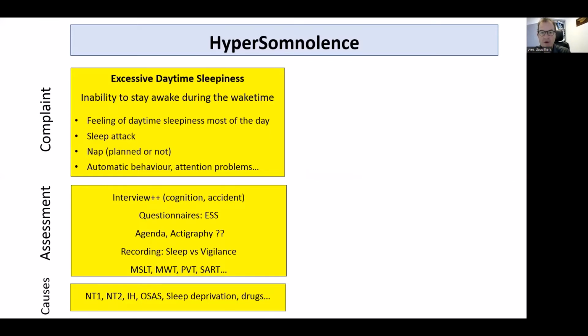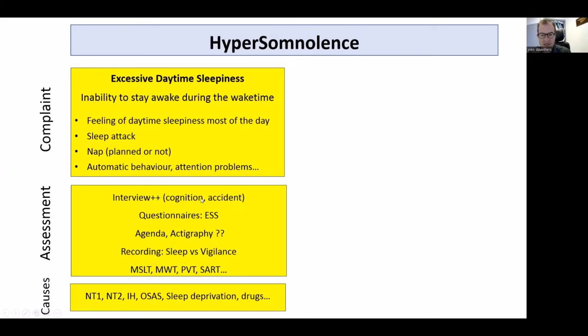This is very well known, with inability to stay awake during wake time, and with different phenotypes. It could be a feeling of daytime sleepiness most of the day, or real naps, planned or not planned, sleep attacks, sorry, an automatic behavior with attention problems. So this is the main complaint, with different phenotypes again.